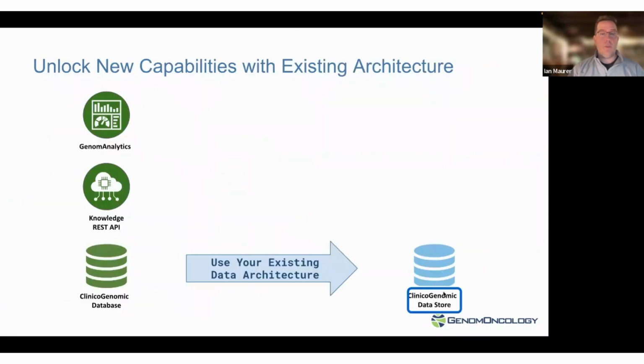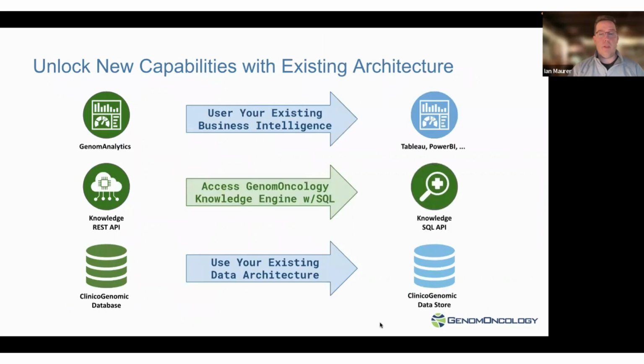So to do that, what we really want to be able to do is unlock the clinico-genomic data stores that our clients have, allow them to leverage their BI tools that they already have licenses for, but then use GenomOncology as a knowledge layer that powers that full connection between BI and their actual database.